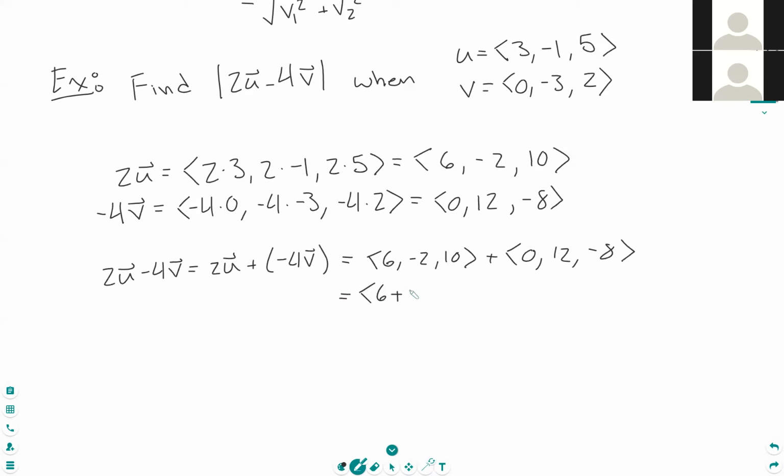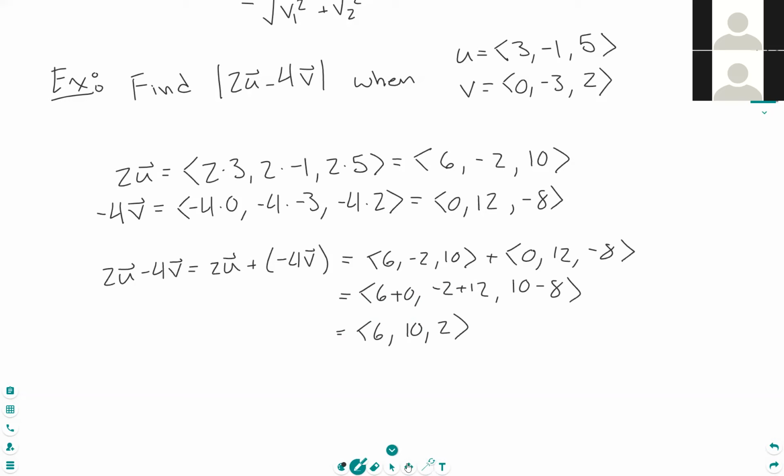Or 6 plus 0, negative 2 plus 12, and 10 minus 8. Where the vector is 6, 10, and 2.